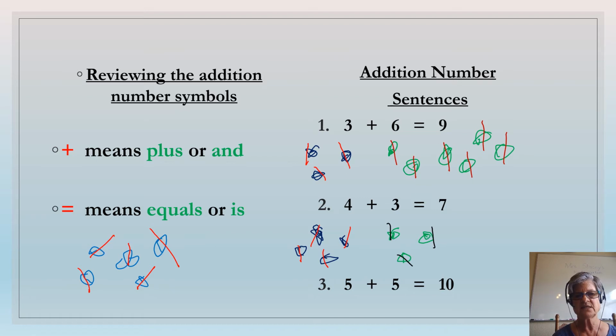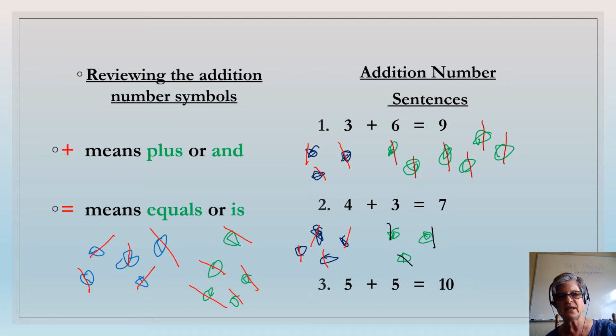5 plus 5. So I have to make 5 dots of a different color. So I'm going to make 1, 2, 3, 4, 5. And I want to make sure I have 5 again, so I'm going to put a line through them. It's 1, 2, 3, 4, 5. And I do.